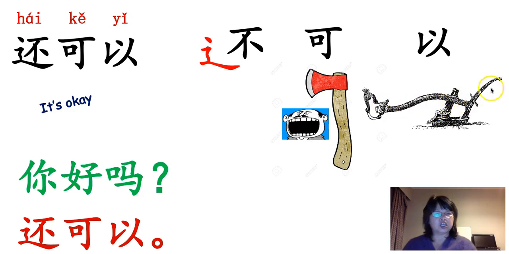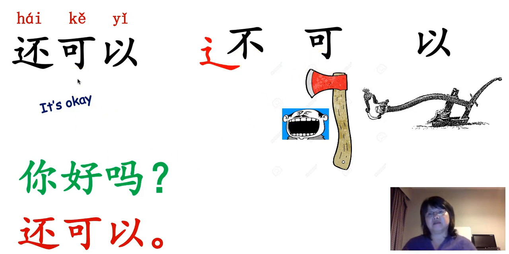So it's like the shape of a plow. That means you can use the plow to soften the soil. Now you can do the work. So 可 means okay, you can do the work, and 以 means okay, you're suitable to do the work. Put them together, 可以 means okay. 还可以, still okay.